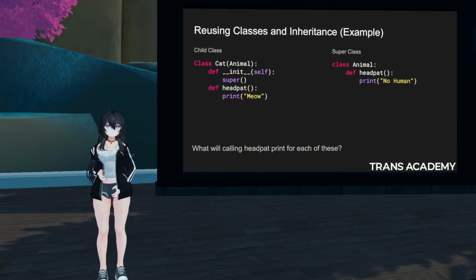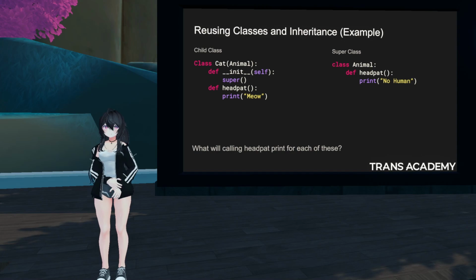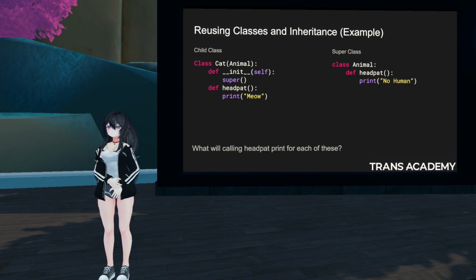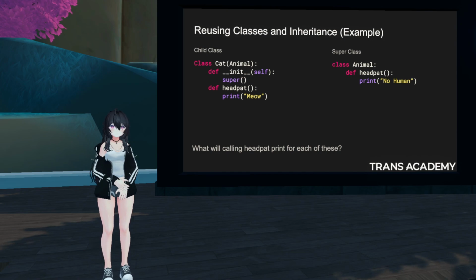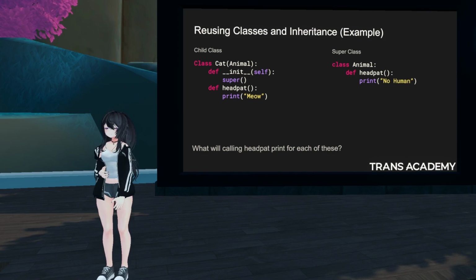Does that make sense? Underscore init underscore is the constructor for cat. And when you call super within the constructor, you import everything from the super. Yes. Okay.